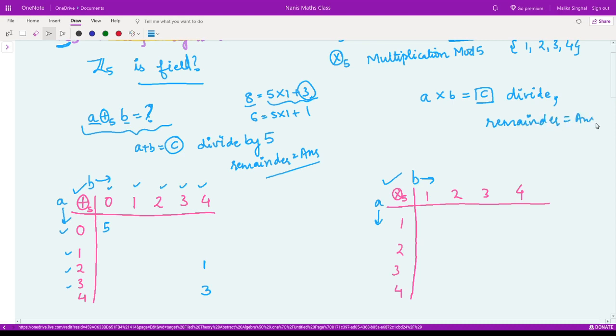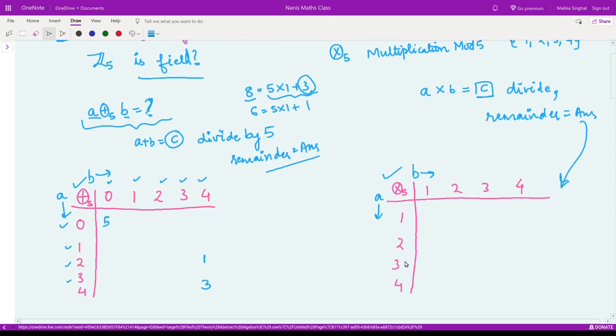I'll fill that value over here. Let us see an example. Suppose I have 3 and I have 2. What is the quantity over here? 3 multiplied by 2 is 6. So C would be 6. Then when I divide 6 by 5, the remainder I obtain is 1. So here it would be 1.